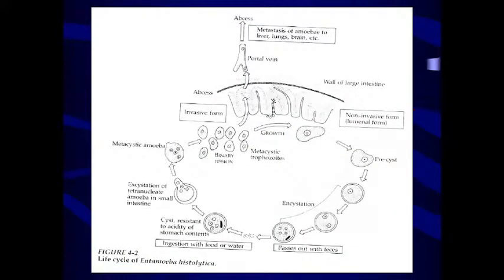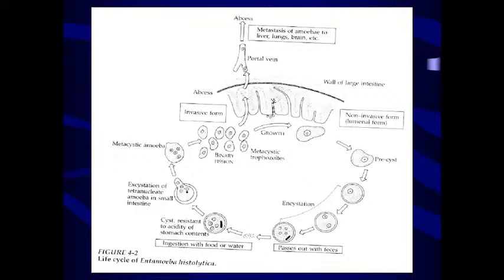So in summary, the life cycle, we know what happens. We do have pre-cyst forms released. These are non-invasive luminal forms, encystation. They pass out through feces, then ingestion with food or water.